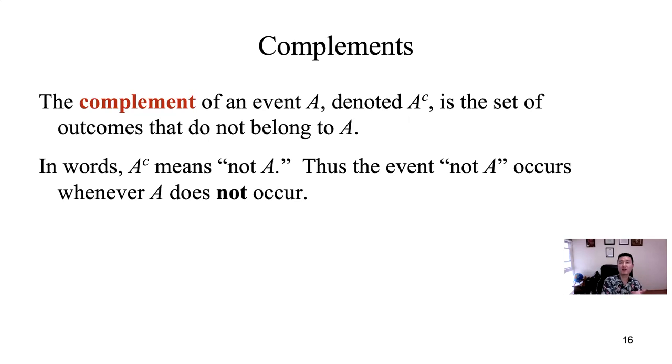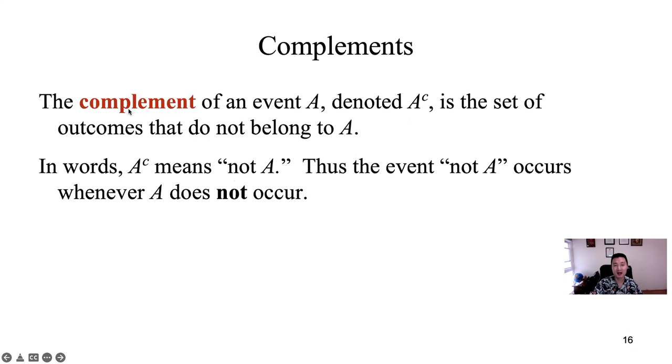Complements. The complement is written as A^C, where C is for complement. That's the set of outcomes that do not belong to A, also called not A. So event not A occurs whenever A does not occur, right?